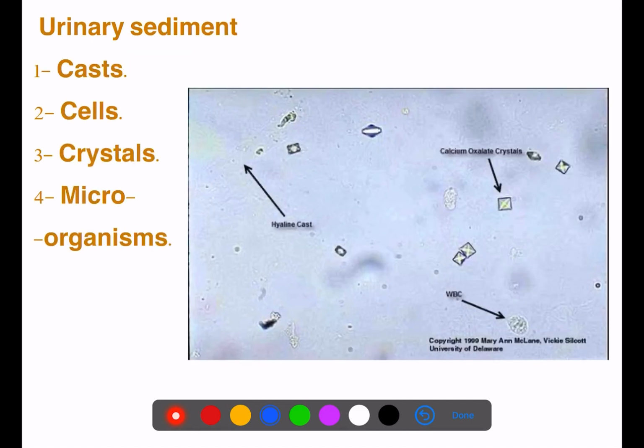At last, and at the last part of the urinary system pathology, we love to talk about urinary sedimentation or urinary sediment. Urine analysis.